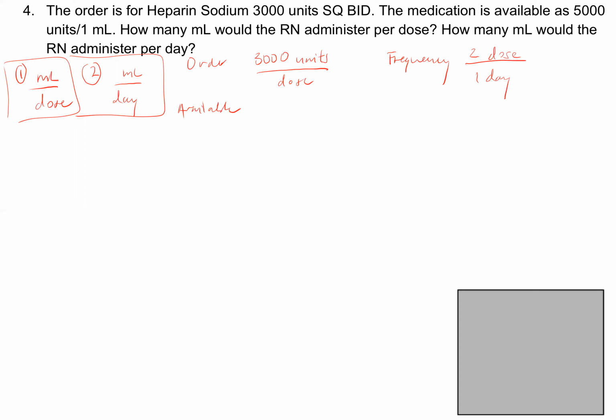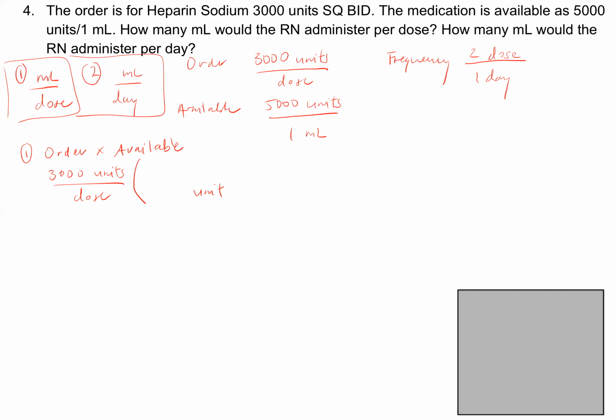Your availability is going to be 5,000 units per 1 mL. So we're going to write down the equation: order times available. You have 3,000 units per dose. You want the units to cancel, leaving mLs in the numerator.